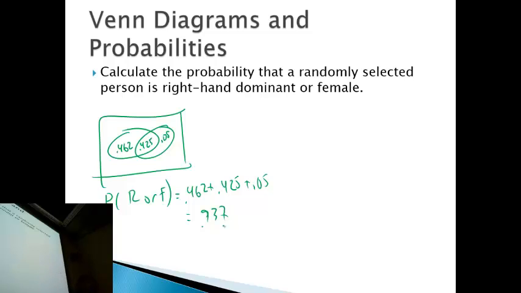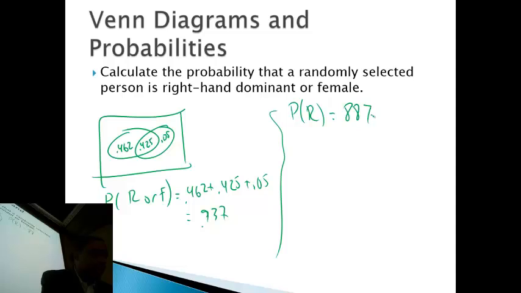That's one way of doing it. Now, be prepared for this approach. The chance of being right-handed was 88.7%. The chance of being a woman was 0.475.